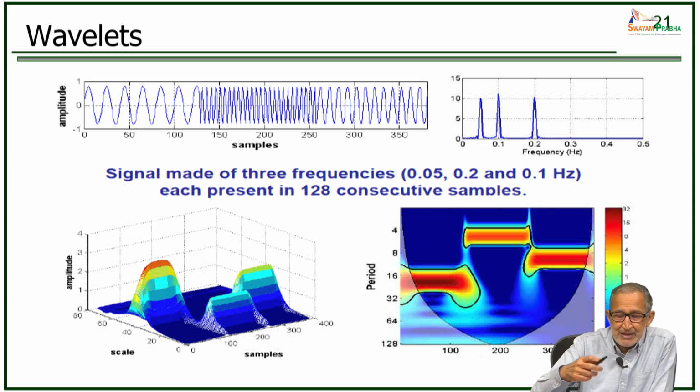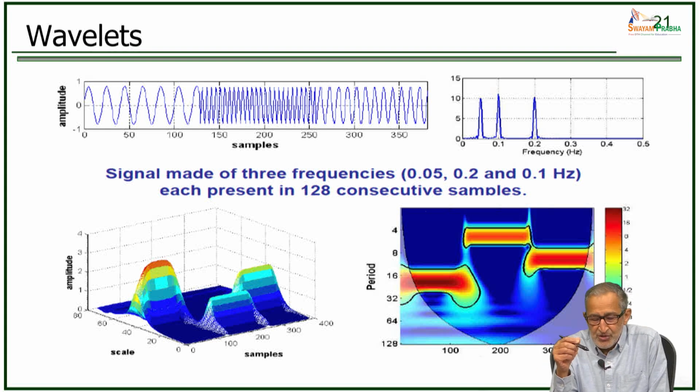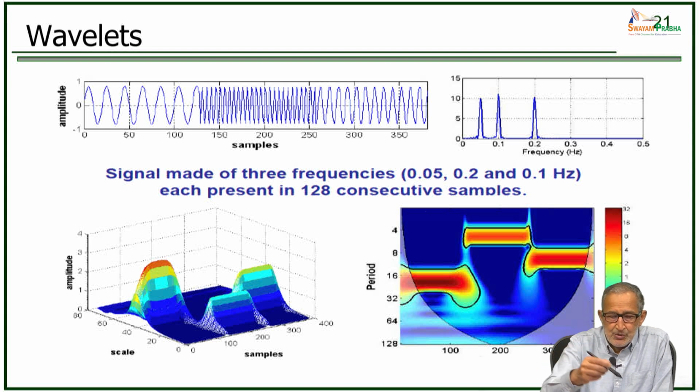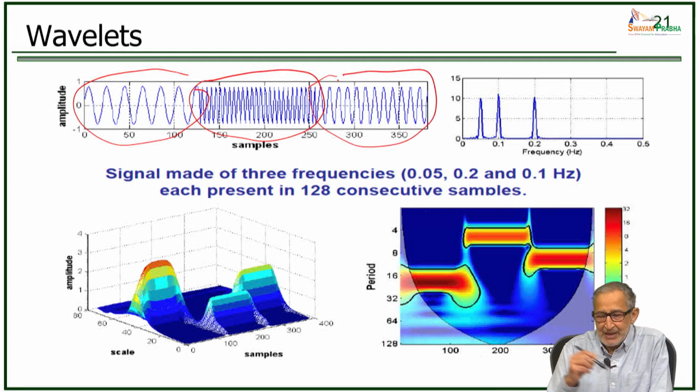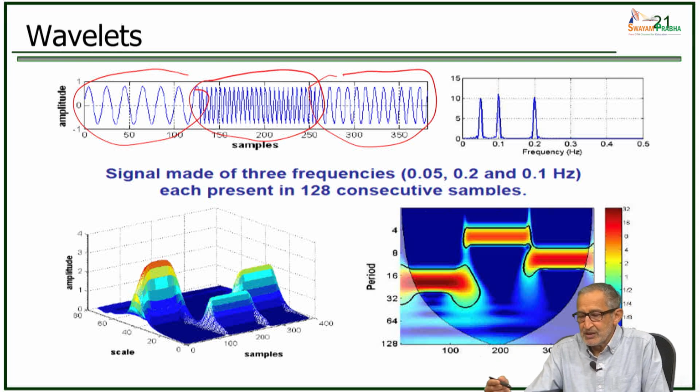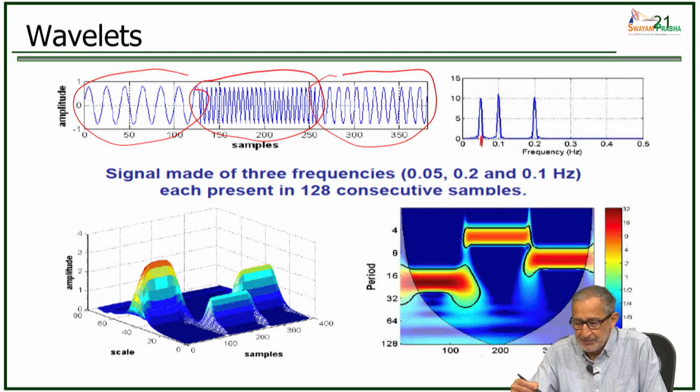If you look at the data in the time trend as shown here, what I show you is 3 different frequencies associated with a signal. You have a low frequency signal here, a high frequency signal in the middle, and a mid frequency signal at the end. The corresponding spectral plot of this data identifies the 3 frequencies, the low, the mid, and the high frequency.